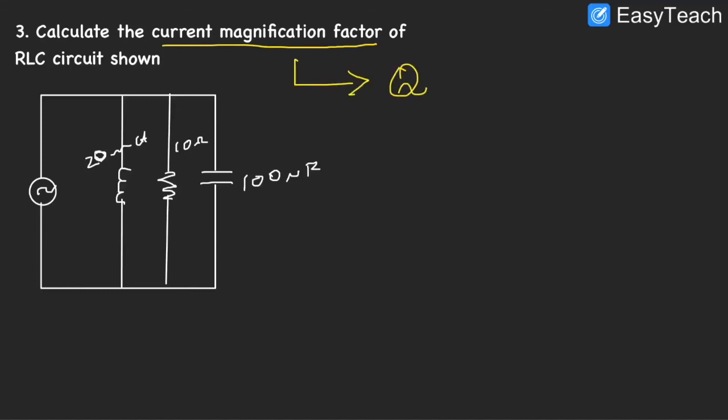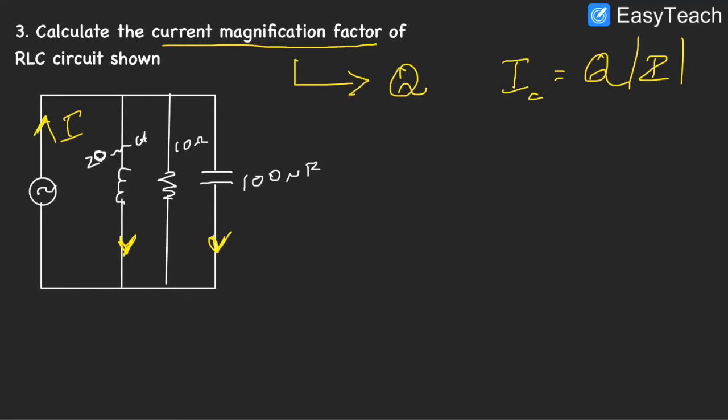That is because in a parallel resonance circuit, the current in either your inductor or your capacitor branch is Q times the main current. So if you have main current I, the current in, let's say, the capacitor branch is going to be equal to Q times the main current, taking the modulus so that we just take the absolute value.